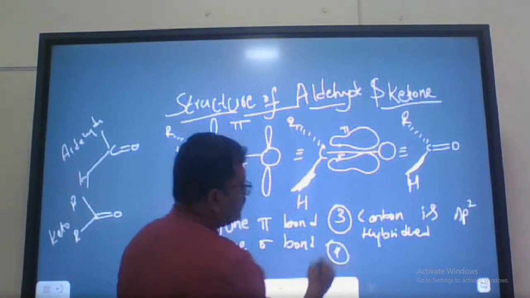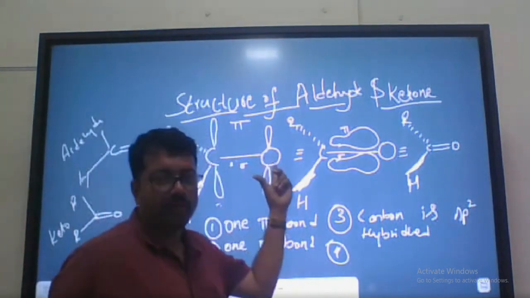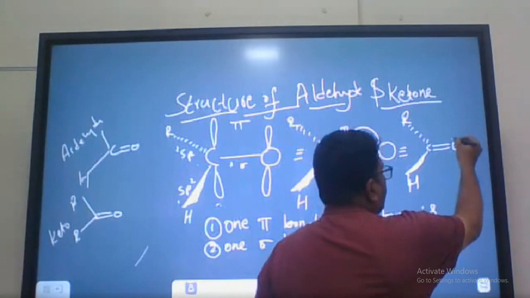Next, if you write the electron configuration of oxygen here, you will find two lone pair.